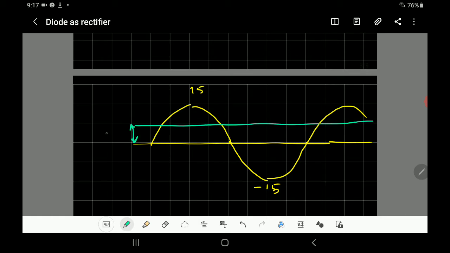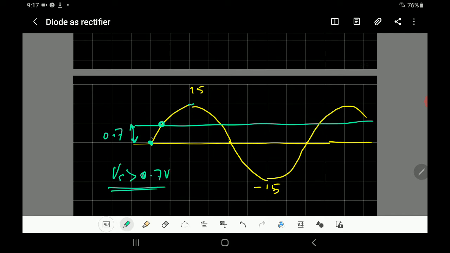I just make it bigger to make it clear. So the voltage of the source, to conduct, should be greater than 0.7 to start the diode conducting. So it will not start from 0. It will start from 0 if we are using the ideal model of the diode. But with the practical model of the diode, the voltage has to overcome the barrier voltage, which is 0.7 volt. So it will start conducting from this point.